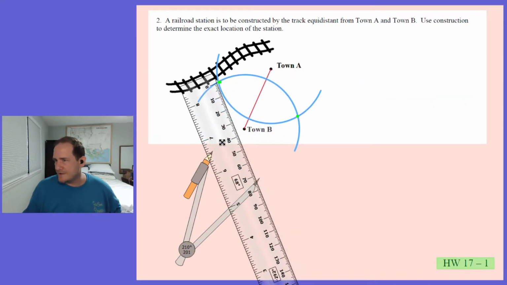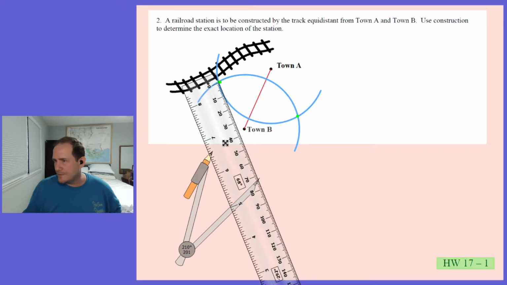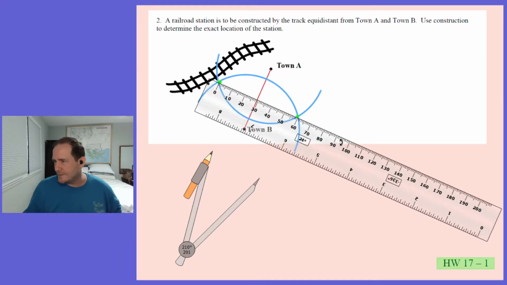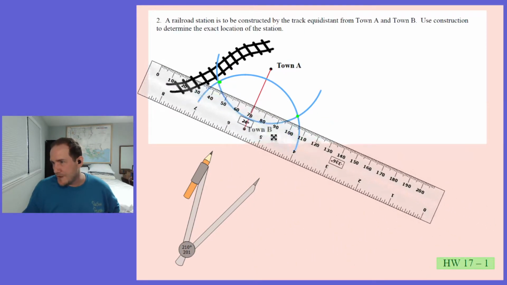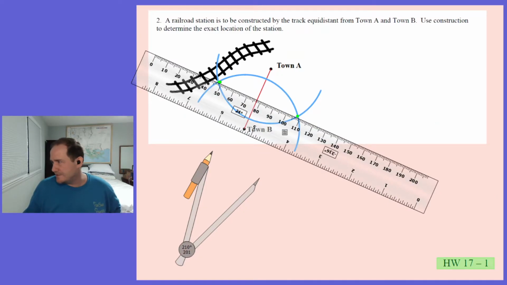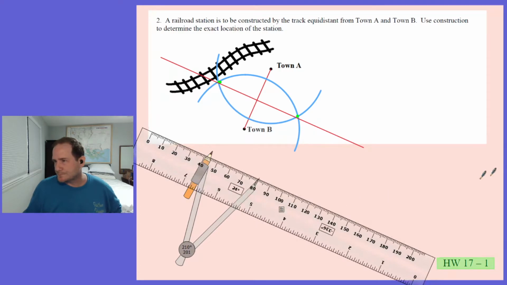And now you can just take your ruler and line it up with one of those points of intersection, and then turn it until it lines up with the second point of intersection too. And then once you've got it set up just so, you can use your pencil to draw a nice line. So I'll draw a line from here straight through, and that red line I just drew is our perpendicular bisector.